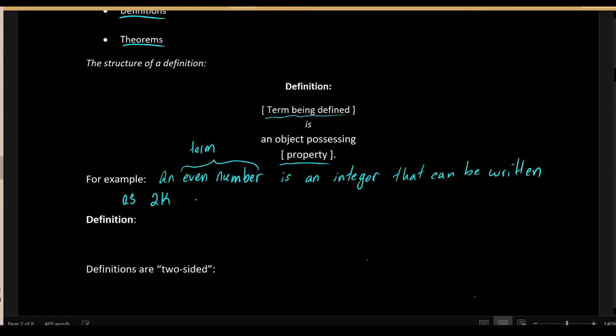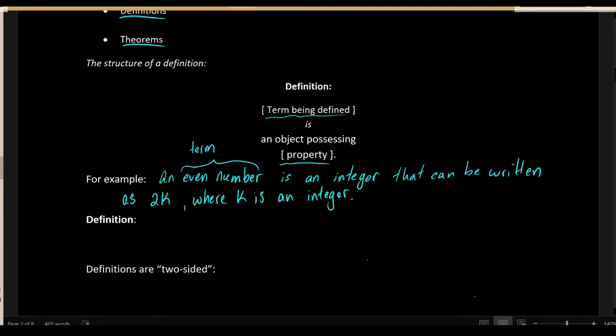Let's call it 2 times k, where k is an integer. So the term that we're trying to define is the word even number, and the property that must be satisfied in order for a number to be even is that it has to be able to be written as 2 times some other whole number.